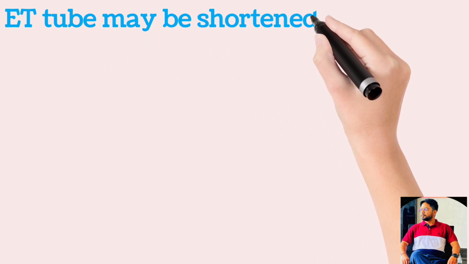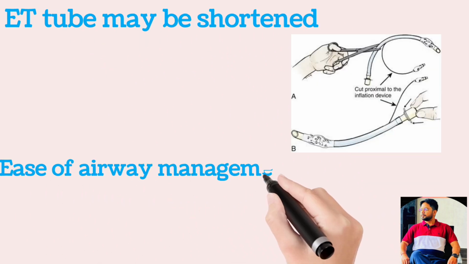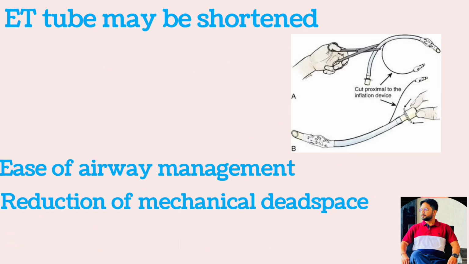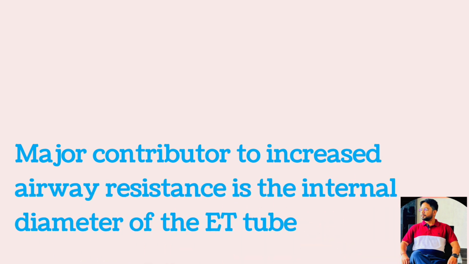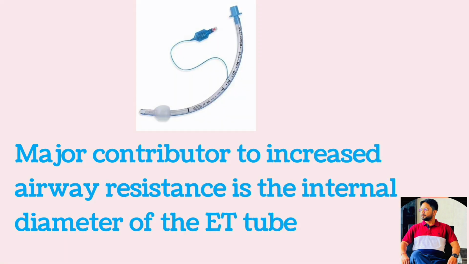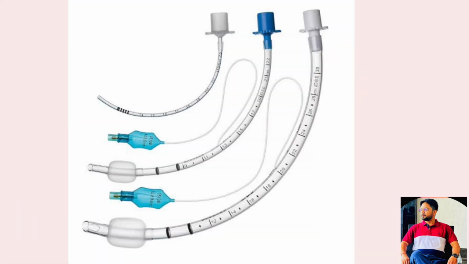In the clinical setting, the ET tube may be shortened for ease of airway management, reduction of the mechanical dead space, and the reduction of the airway resistance. However, the major contributor to the increased airway resistance is the internal diameter of the ET tube. Therefore, during intubation, the largest appropriate size of ET tube must be used so that the airway resistance contributed by the ET tube may be minimized.